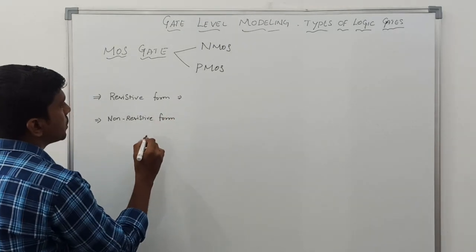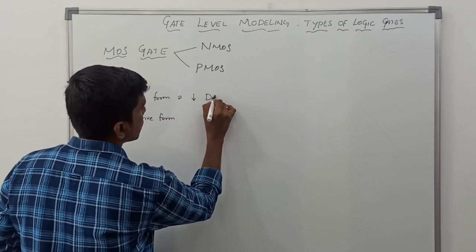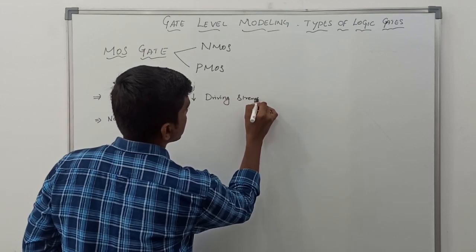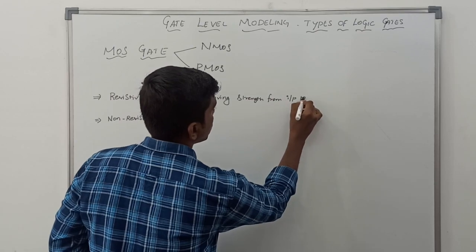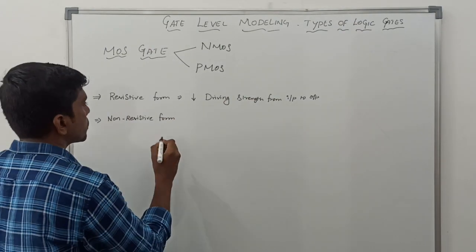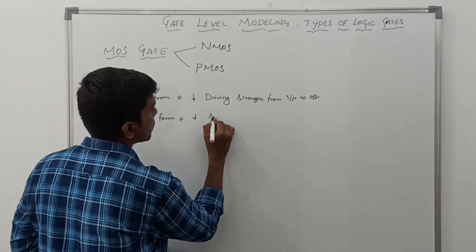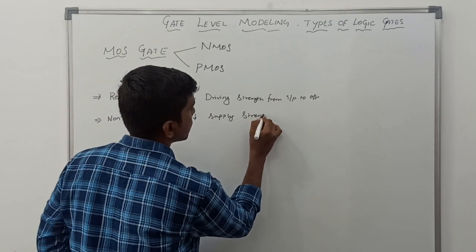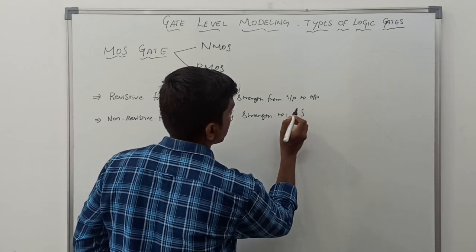Resistive form in the sense it reduces the driving strength from input to output, so it's called a resistive form. Non-resistive form in the sense it reduces the supply strength to a strong strength.